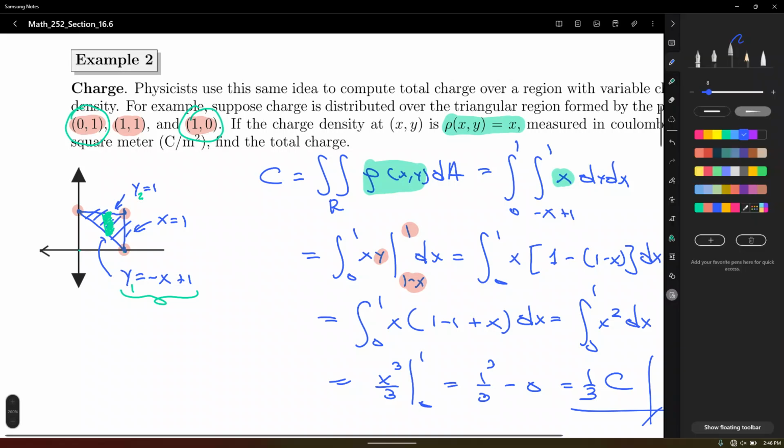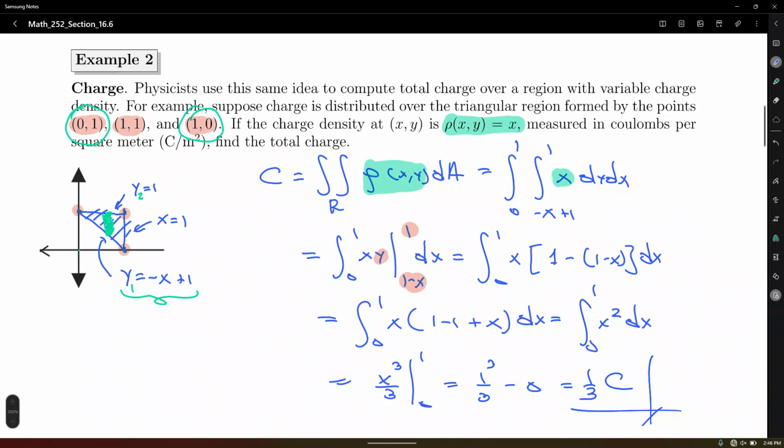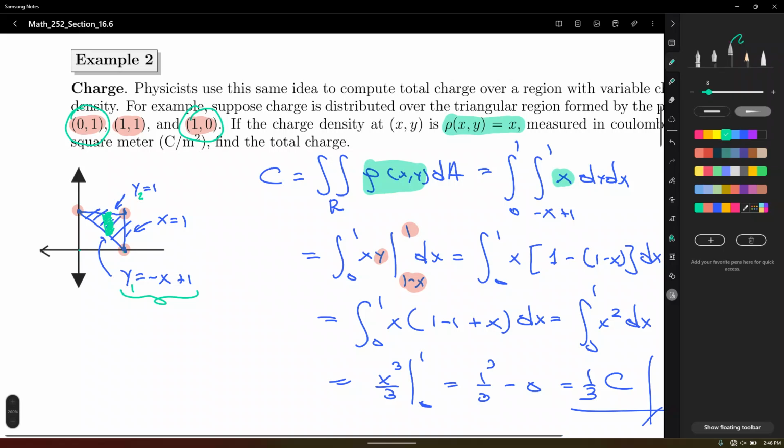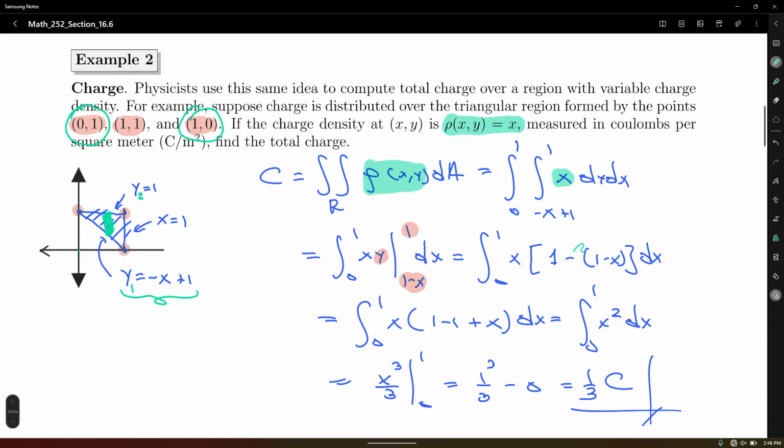Okay, so what's next? Well, upper limit minus lower limit, that's upper limit of 1 minus lower limit of 1 minus x. But you want to be very careful here because this negative right here will affect the sign of the two terms inside of the parentheses.